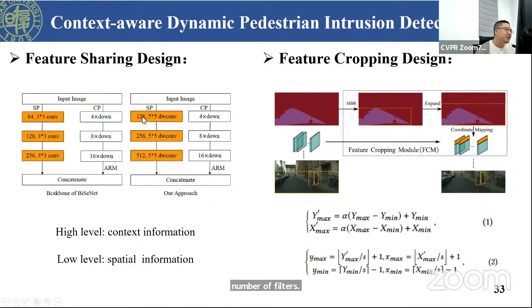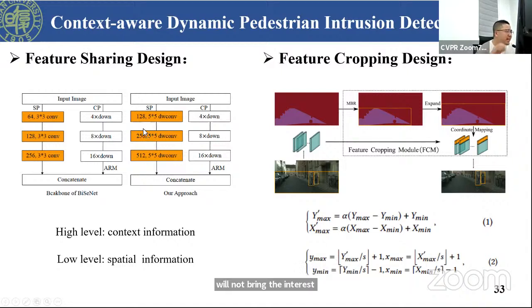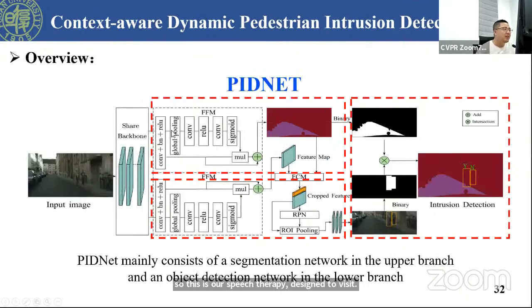This increase in the number of filters will not change its total size and will not bring an inference time increase. On the other hand, it can decrease the inference time. So this is our speed sharing design. This module is applied on the feature extraction part.